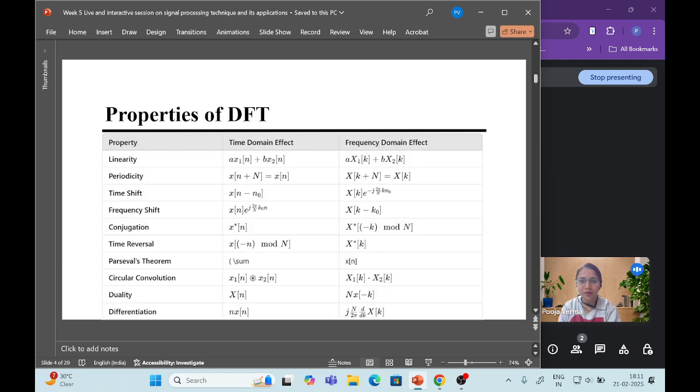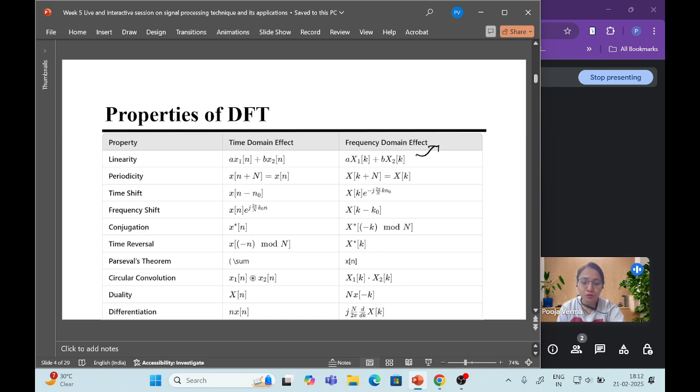Next is the properties of the DFT. Already you know there are different properties of the DFT: linearity, periodicity, time shift, frequency shift, conjugation, time reversal, Parseval's theorem, circular convolution, duality, and differentiation. These are some properties we have already discussed in the previous week. Linearity follows the superposition theorem, which is the additivity and homogeneity property.